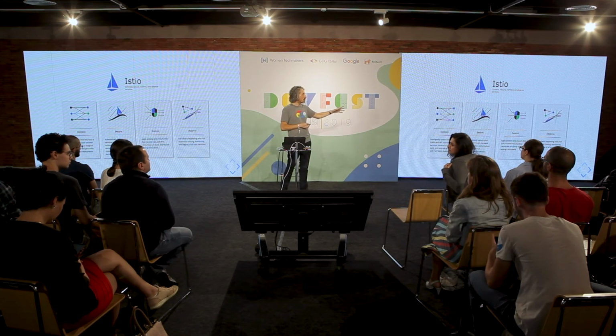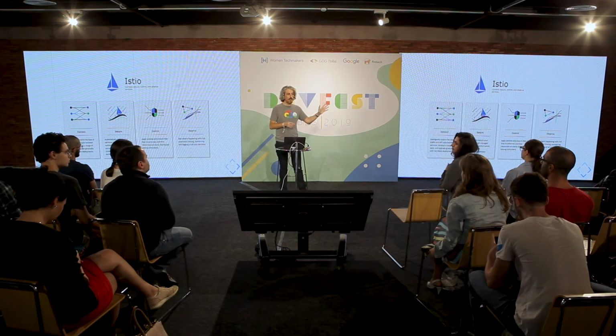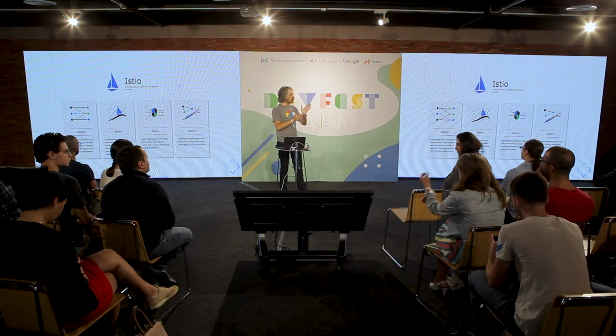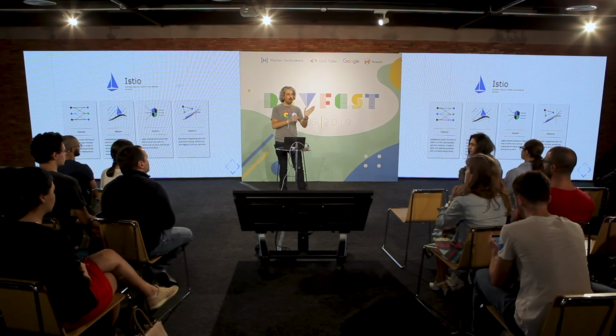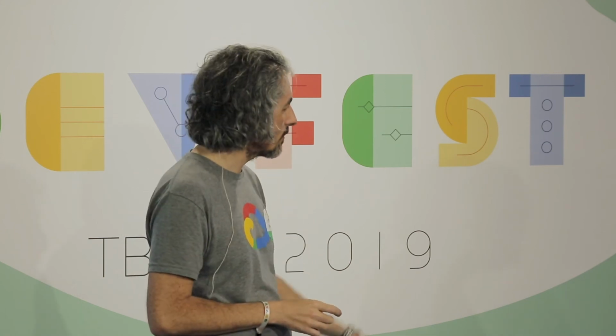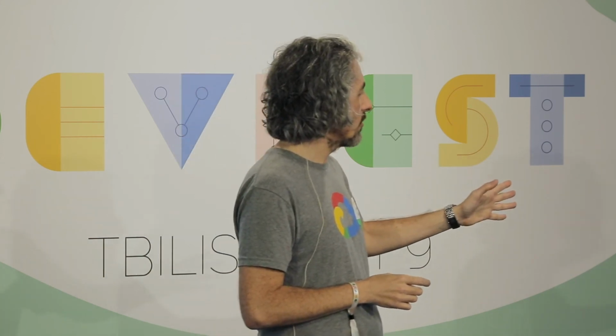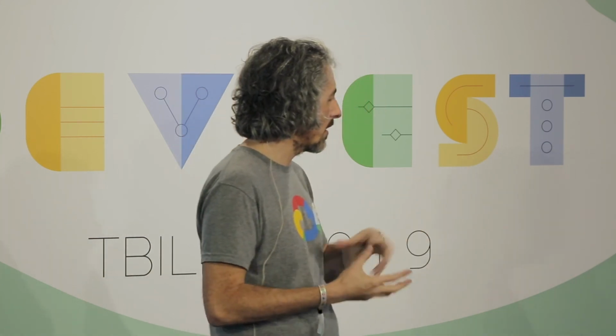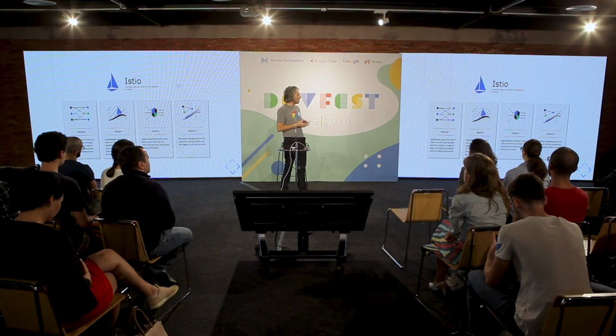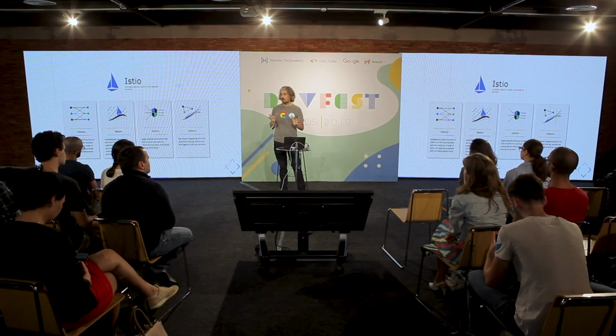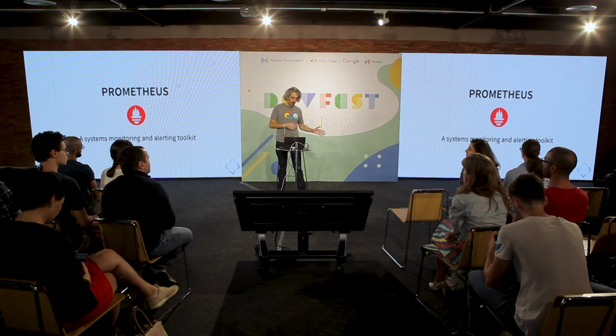It allows me to control, that's another thing you've seen here, whether my traffic is going to the old version or the new version, and I can say how much percentage I send to both versions. It allows you to secure your services doing encryption and control the traffic. So that's what you saw. Prometheus is where all these metrics are being sent.